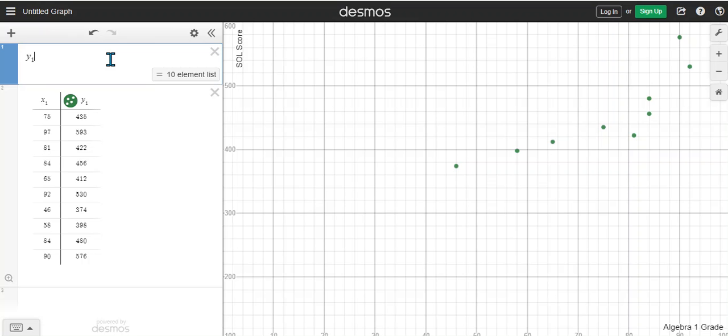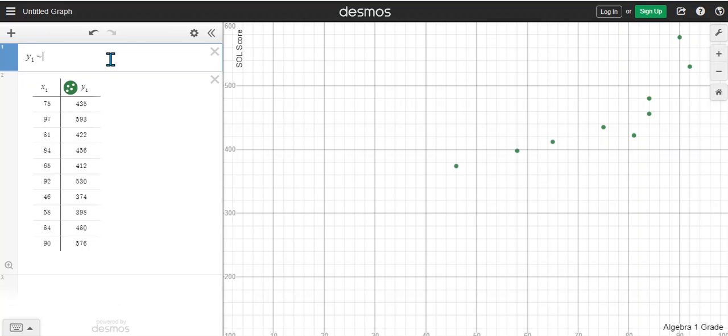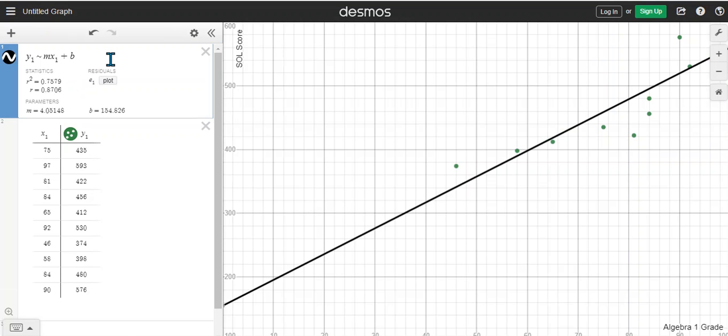The tilde is right below the escape, but I have to hold down the shift, and then I can get the tilde. mx1 plus b. All right, so that is my line of best fit, and I'm going to come back for that m and b value, but for now I'm going to get the picture.